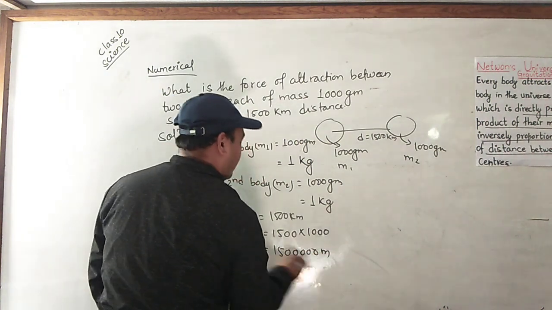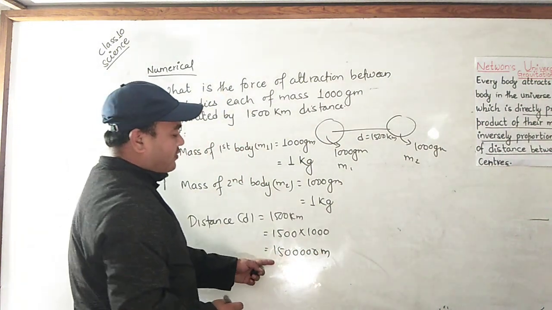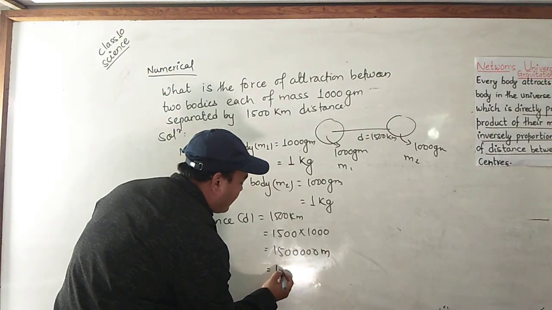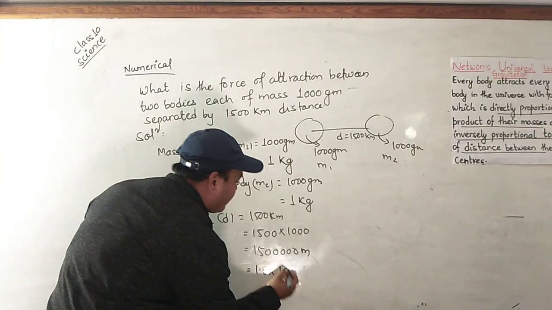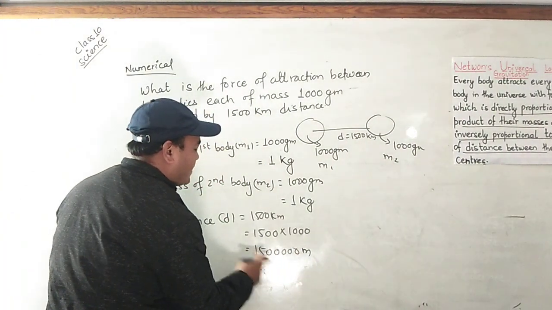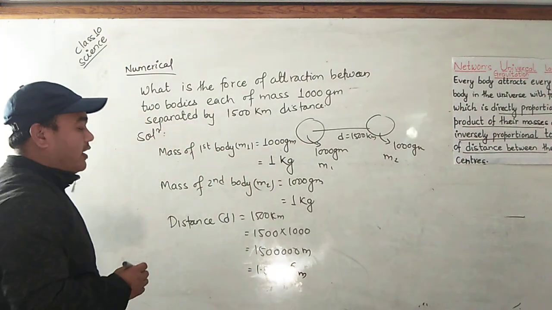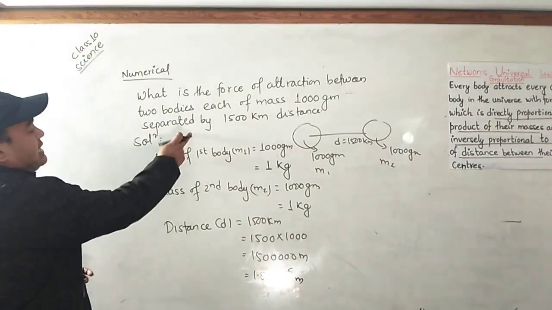Here you can also introduce scientific notation. It becomes 1.5 into 10 raised to power 6 meter. And the value of G is not given here.